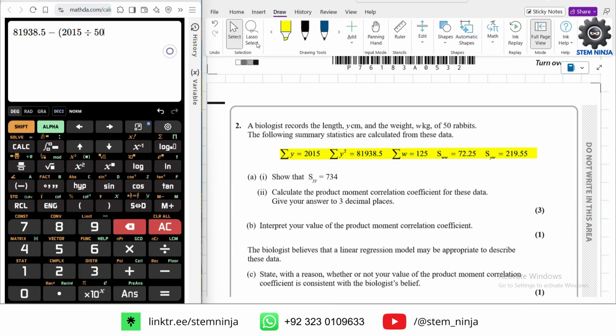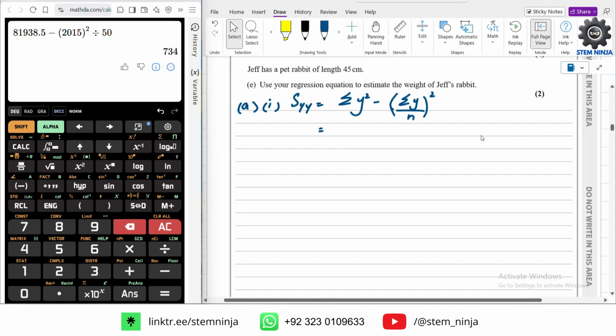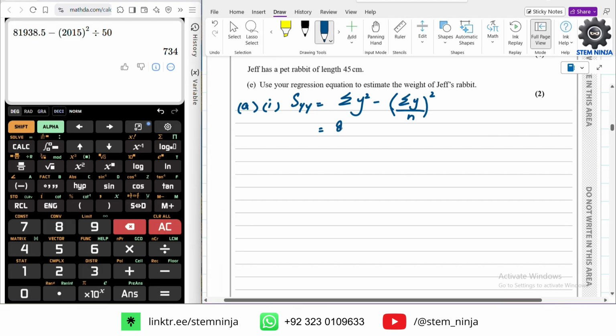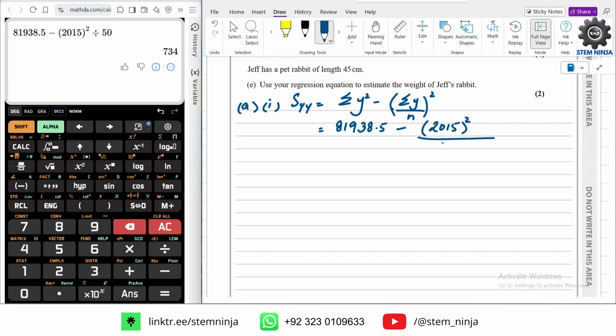Oh, sorry, no. Sorry, this is squared. I keep mixing it up with variance divided by 50. 734, right, okay. So 819, 38.5 minus 2015 squared divided by 50, that is indeed 734.